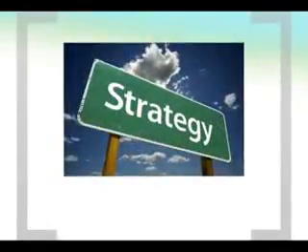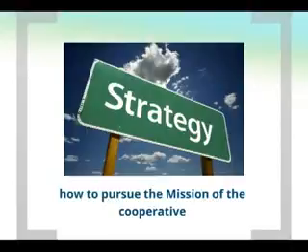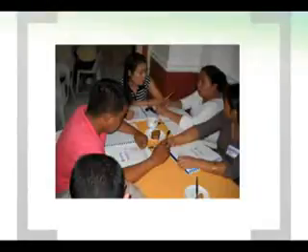When we talk of strategy, we are really talking about how to pursue the mission of the cooperative. Our strategy tells us where the business of the cooperative is trying to get to in the long term. When we articulate our strategy, we point to the kind of activities our cooperative decides to be involved in, given the market it has chosen.